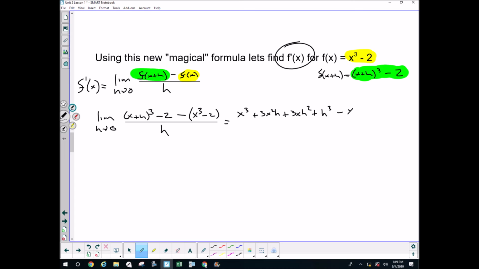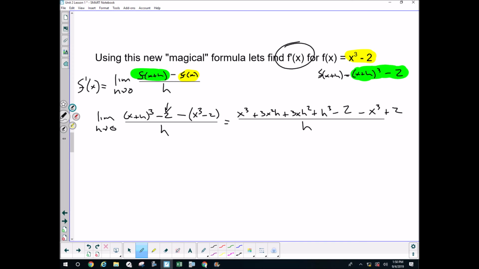Now that'll be subtracting x cubed, adding 2 after distributing the negative, divided by h. Thank you. That 2 is gone. Needs to be right there. I appreciate it.